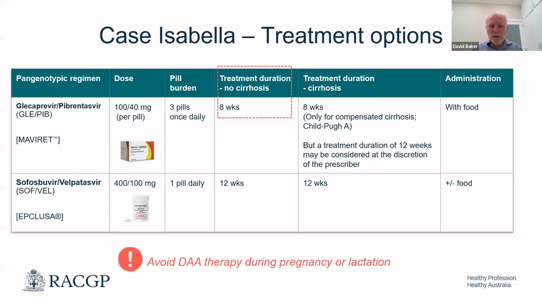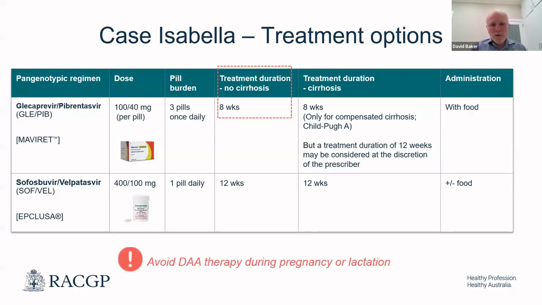And so effectively, there are two combinations available for her, and they're both very effective. One is 3 pills once a day for 8 weeks with food, or 1 pill a day for 12 weeks with or without food.